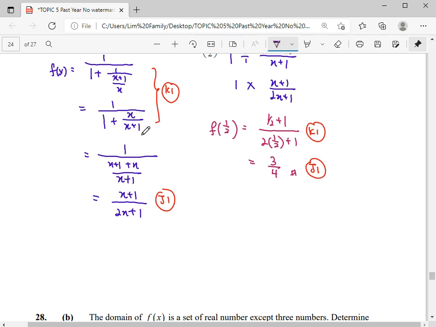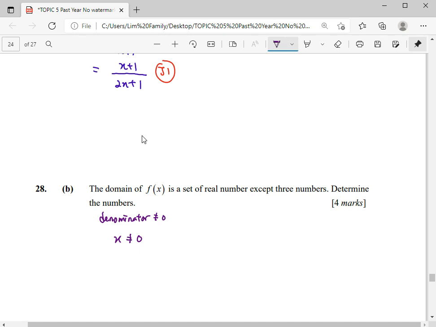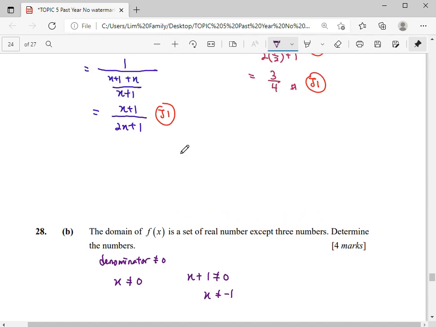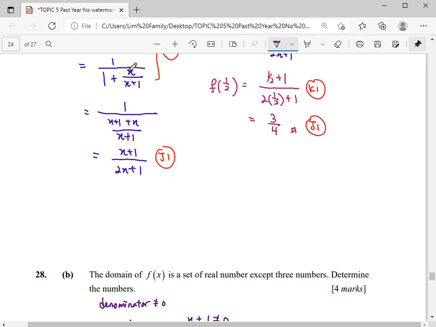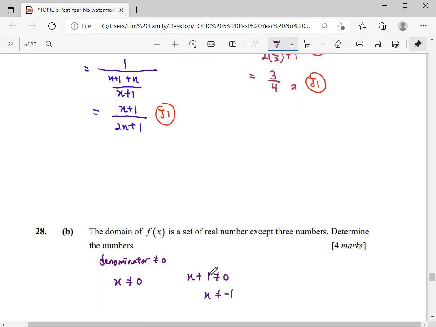From here we can see our denominator is x plus 1. So x plus 1 also cannot equal 0, so x cannot equal negative 1. Another part of the fraction comes from this fraction. And then we continue with another fraction here, where the denominator is the same as just now, x plus 1, which cannot equal 0.